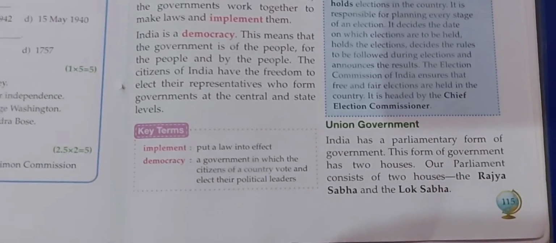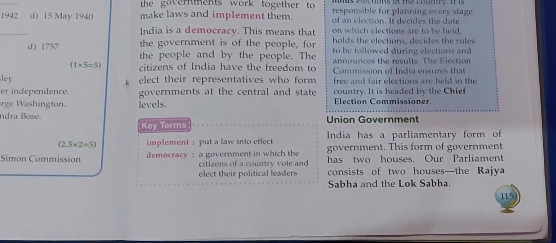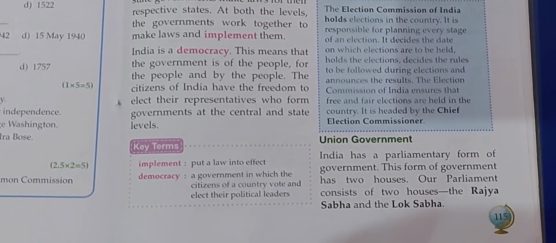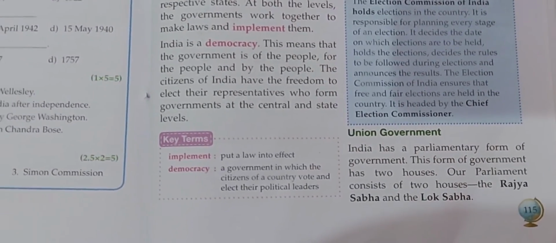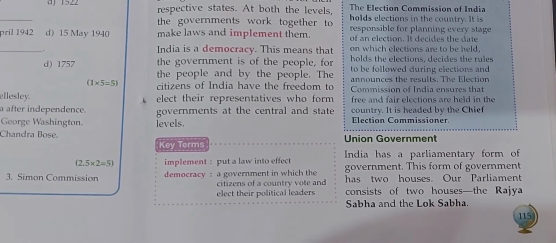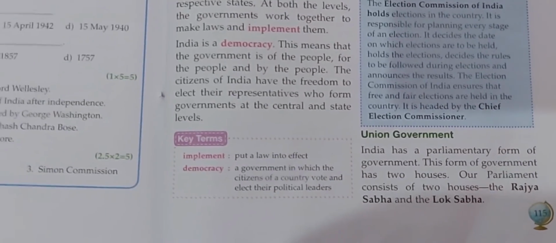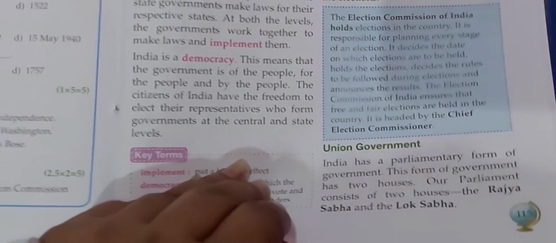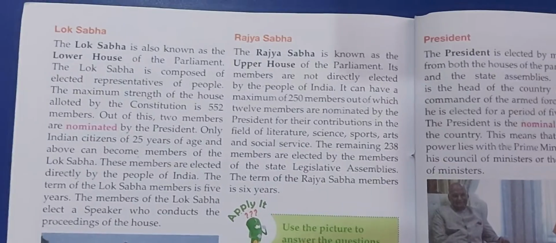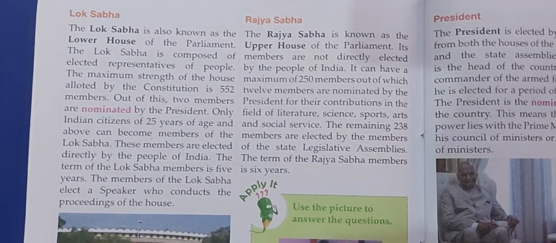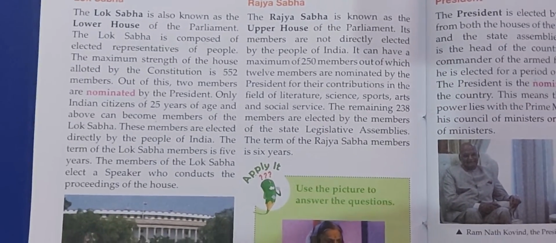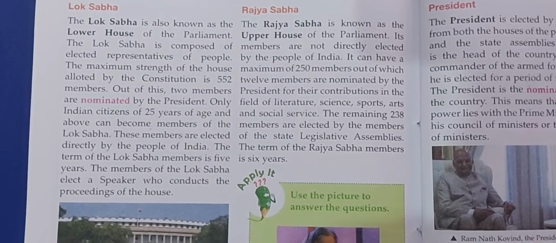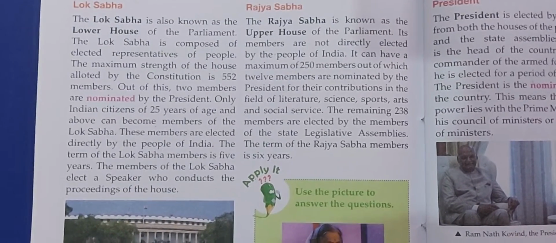First of all, the union government. The union government is a part of the parliament, and in the parliamentary format we have two houses, that are Rajya Sabha and Lok Sabha. The Lok Sabha, which is also known as the lower house, is the part of parliament composed of the representatives of people.